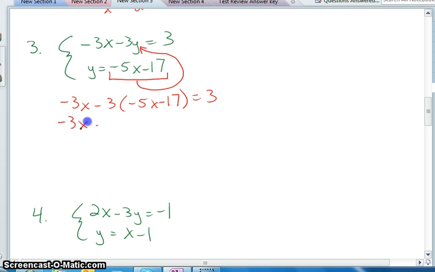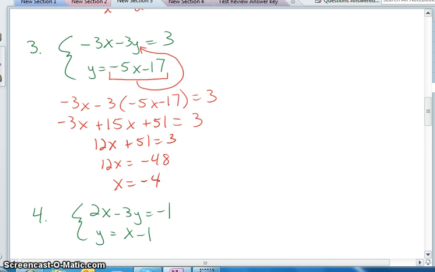So negative 3x plus 15x plus 51. So then negative 3x plus 15x is 12x. 12x equals negative 48. X equals negative 4.